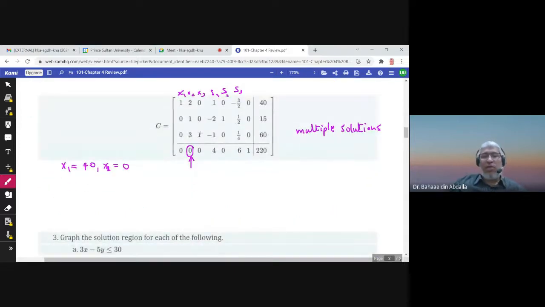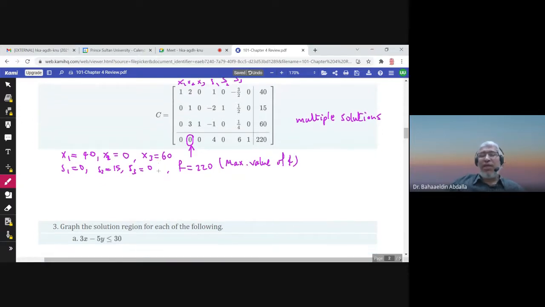So x3 is 60, s1 is non-basic 0, s2 is 15, s3 is non-basic 0, and f is 222. And this is a final solution, so this is the maximum value of f.